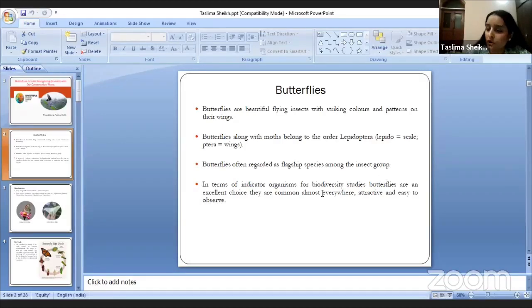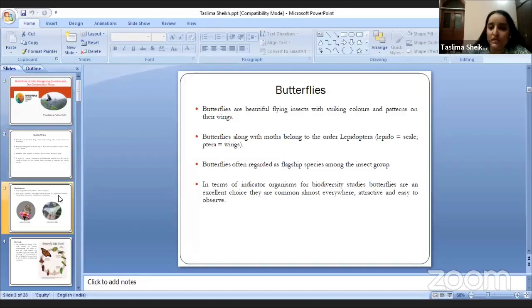They are also regarded as flagship species, and they are very good for a healthy environment, and they are also known as indicator species.